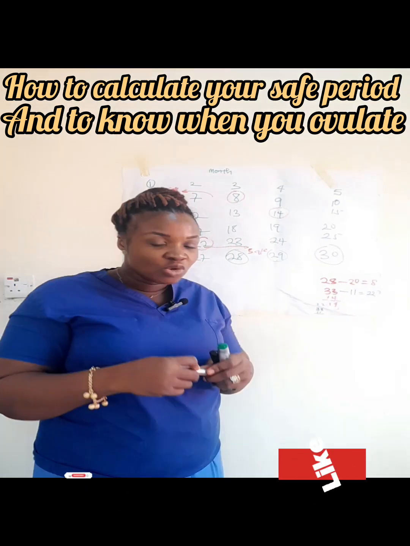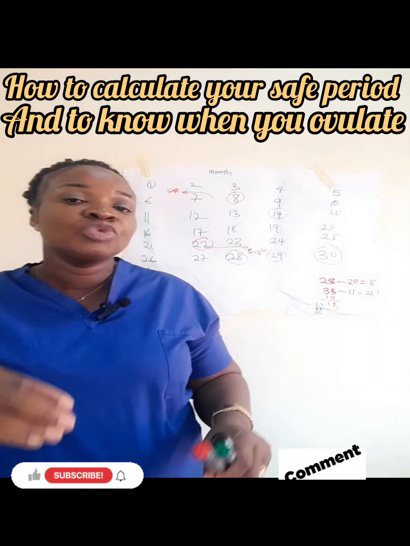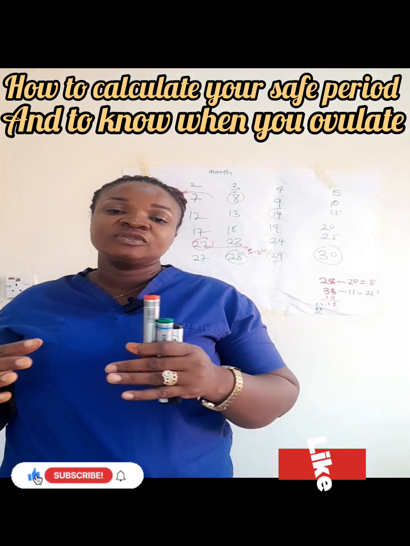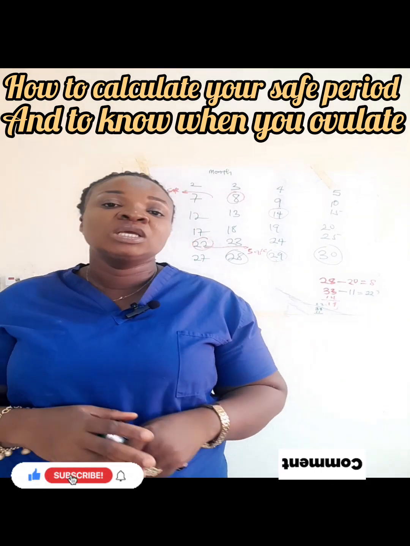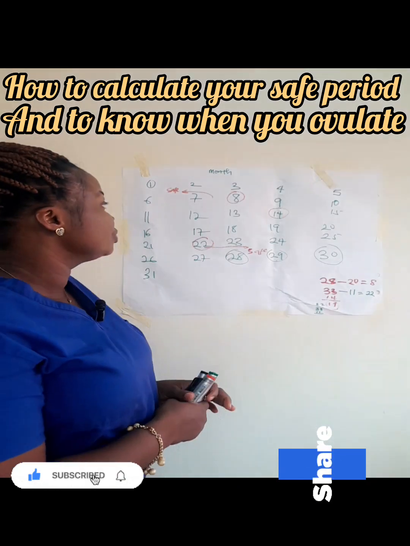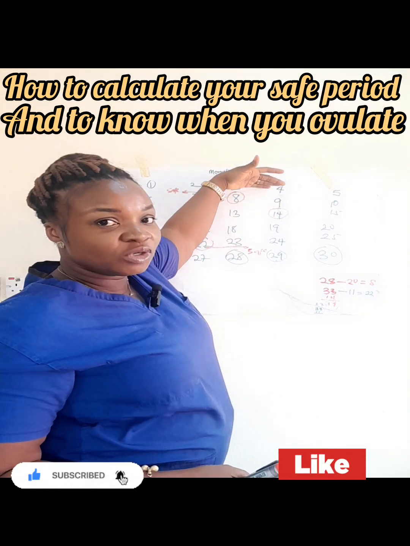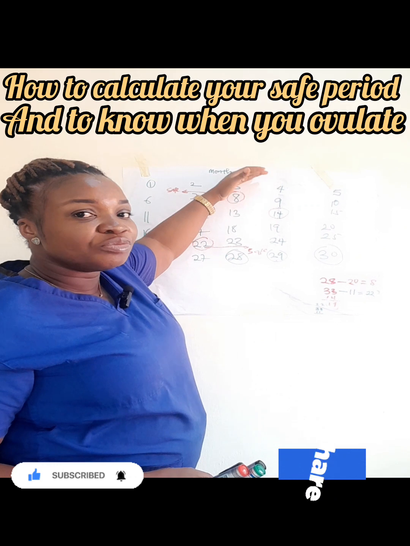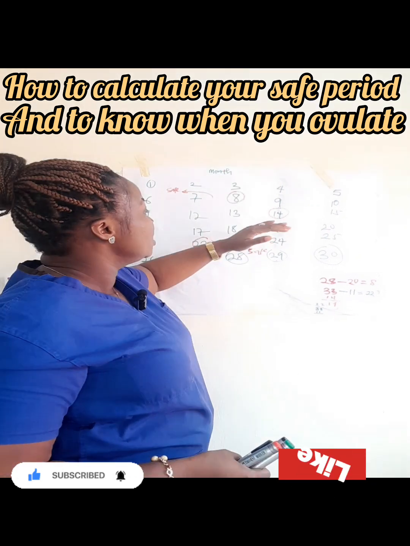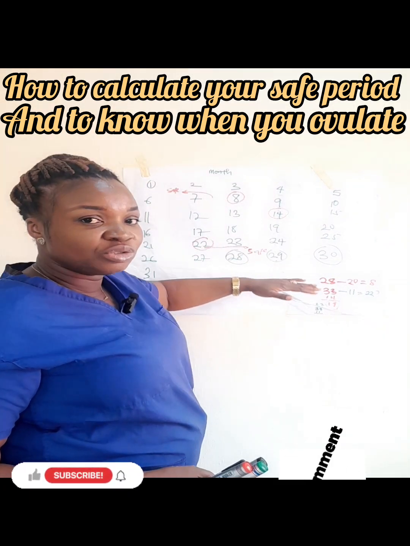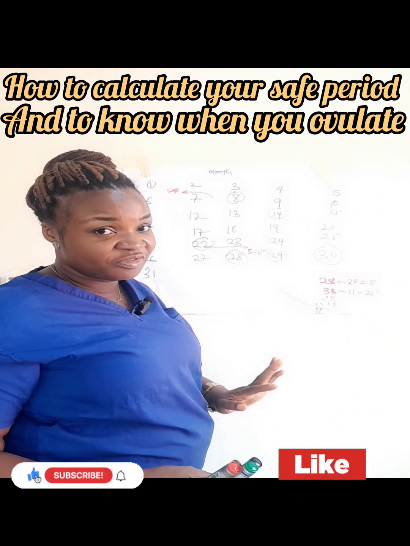Now, let me tell you how to know when you ovulate. The reproductive cycle length of a woman is divided into 2. The first part before the ovulation is said to be the follicular phase. The second part after ovulation is said to be the luteal phase.